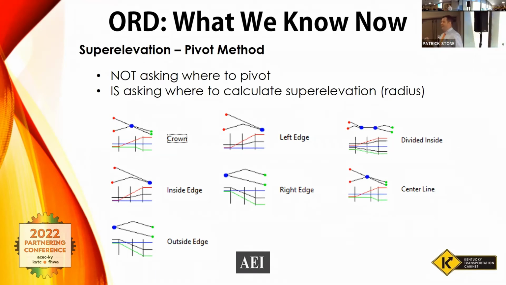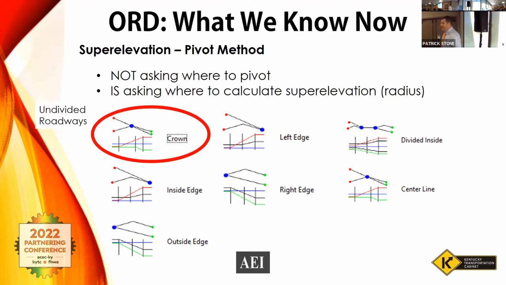What they're asking for here is, where am I going to calculate the super elevation? So they've got, what's that, 7 different options for what they're calling the pivot method. But really, just keep in mind, you only need 2, because otherwise it's going to calculate your super elevation based on where that blue point is.